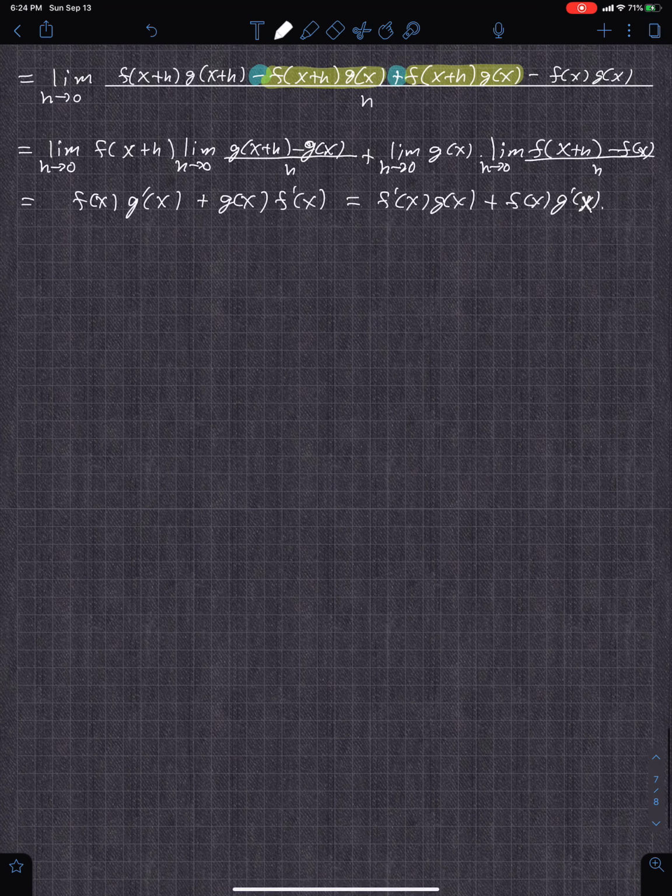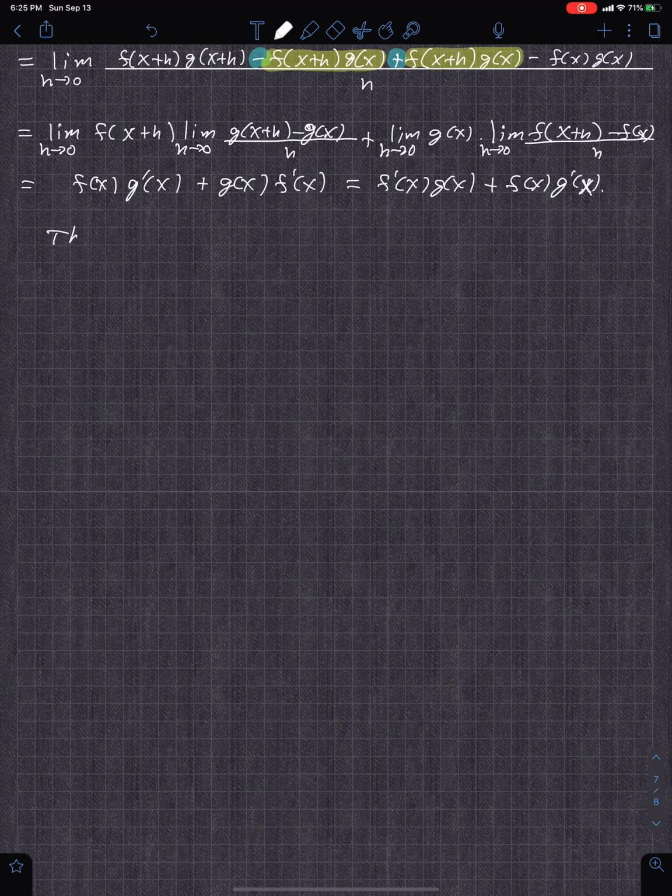Okay. Next thing is the quotient rule. I'm not going to go through that proof. This says let f(x) and g(x) be differentiable, and g(x), the denominator, non-zero.